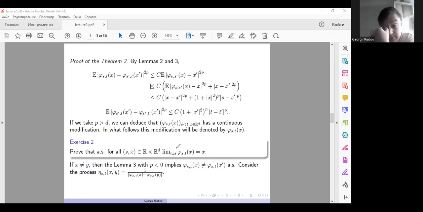And a hint for this exercise is to make use of this estimate, of the estimate from the lemma 2.